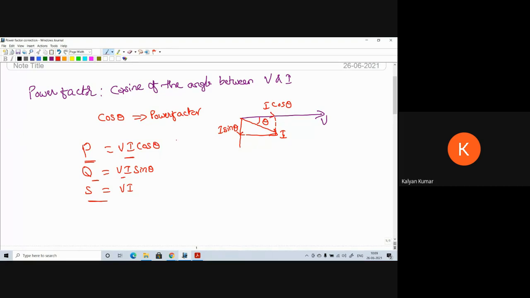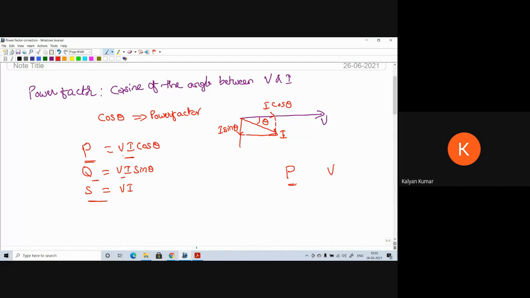Now, let us assume that we need to perform a work. For that, we require an input power of P kilowatts, and the voltage is supplied at a constant value of V volts.